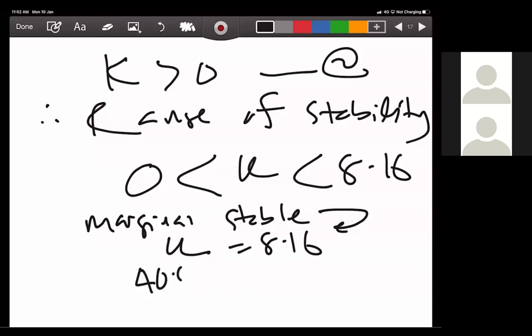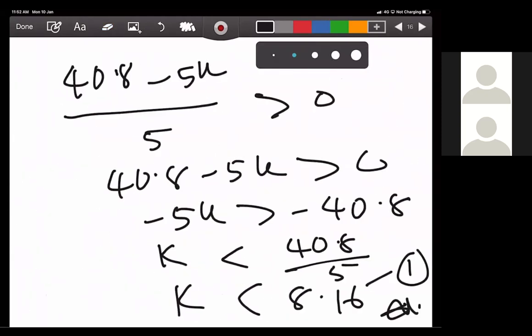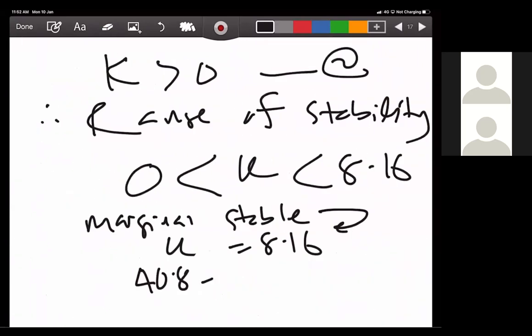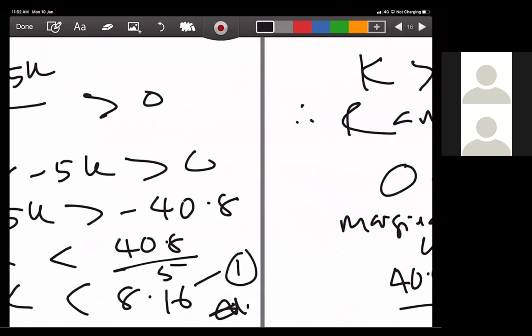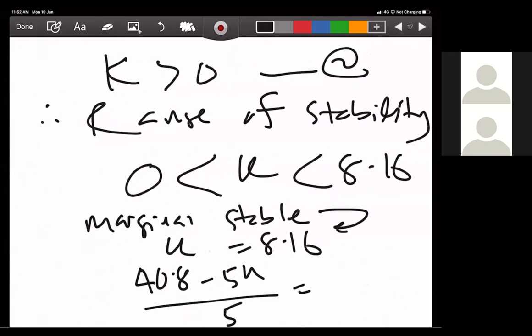So 40.8 minus 5K, okay, divide by 5 greater than 0. Kan? Betul tak? 8.16. So you dapatlah K 8.16.